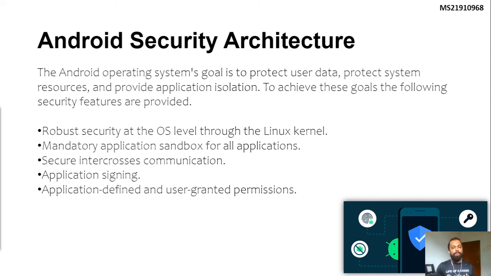To achieve these goals, the following security features are provided: robust security at the OS level through the Linux kernel, a mandatory application sandbox for all applications, secure inter-process communication, application signing, and application-defined and user-granted permissions.